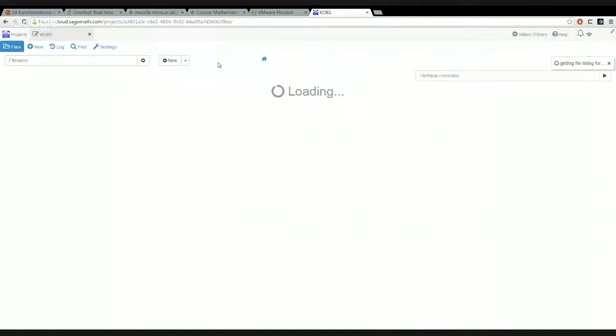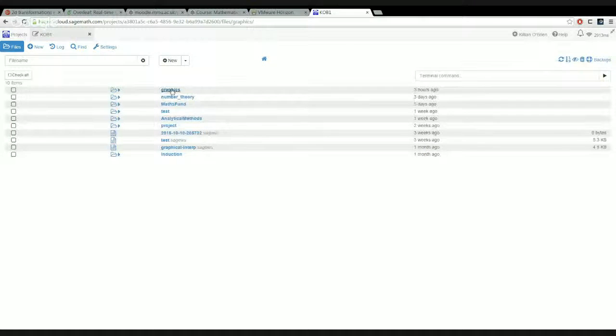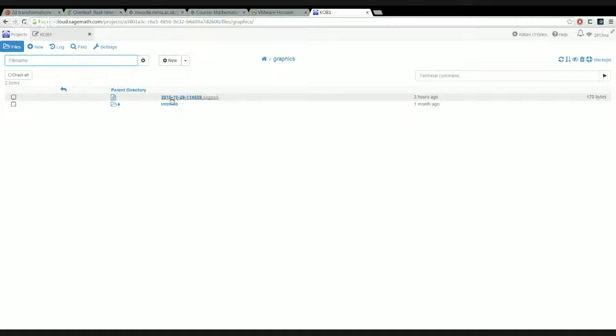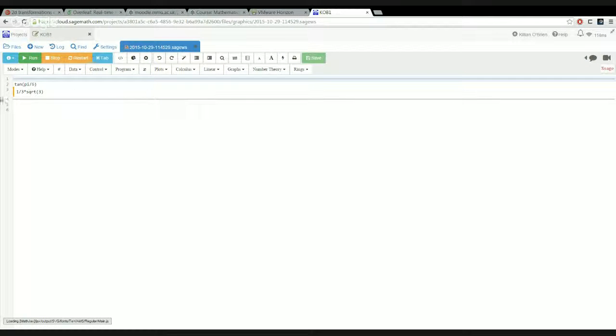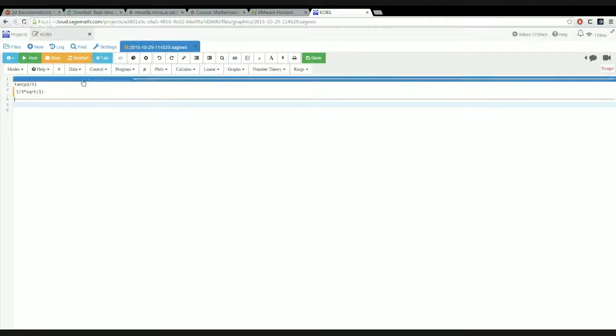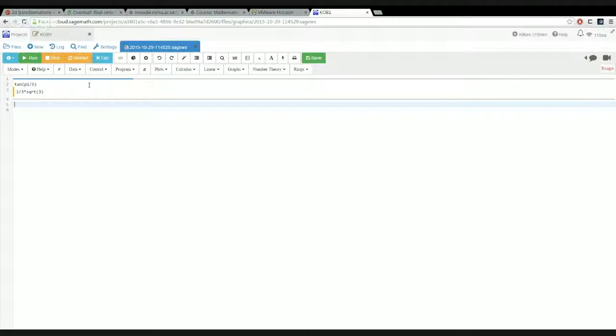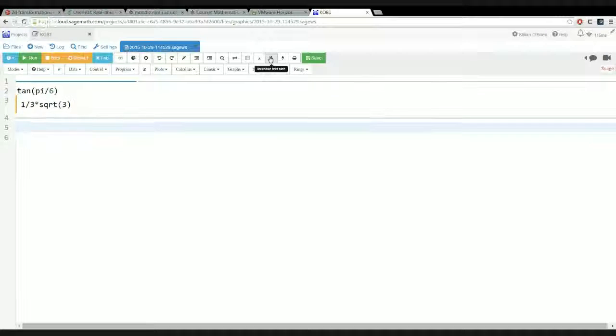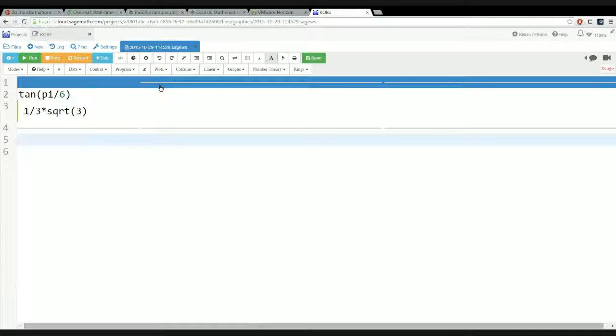Everybody know that stuff there? Tangent of pi over 6. I suspect it's nice, but I'm not quite sure. Yeah, I worked it out before. So tangent of pi over 6 is 1/3 of the square root of 3.